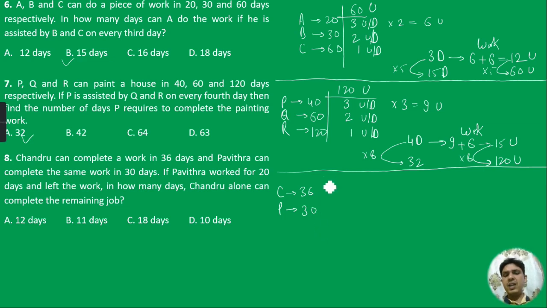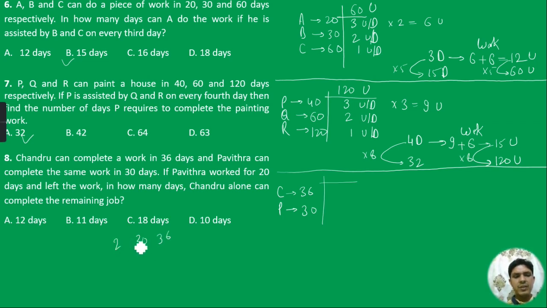First of all, what will be the LCM of all these numbers? Okay, let us check for the LCM of 30 and 36.